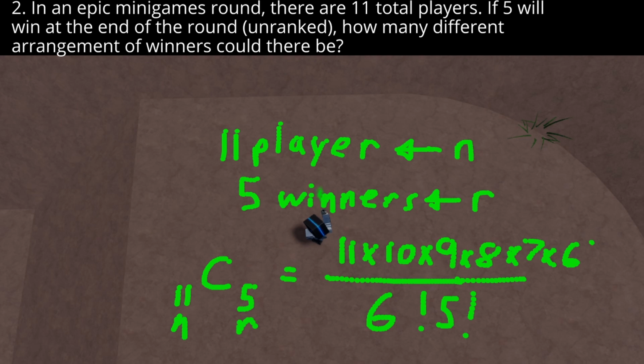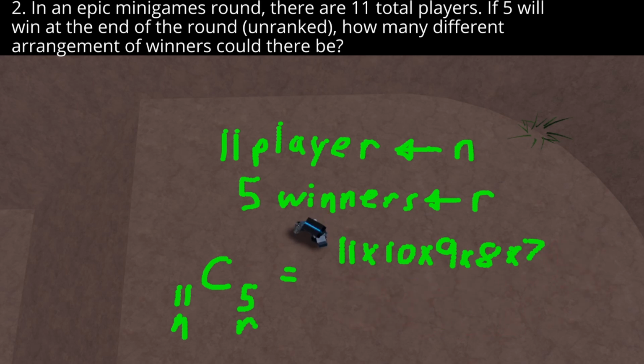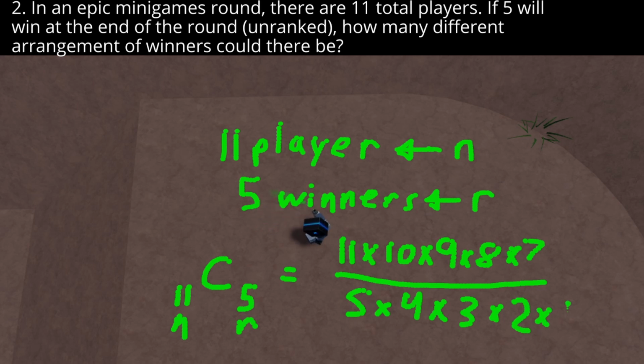Therefore, you have 6 factorial here, and you can just cancel this 6 factorial and that 6 factorial over there. So now let me just rewrite this. So now we have 11 times 10 times 9 times 8 times 7 divided by 5 factorial. And I can just rewrite that as 5 times 4 times 3 times 2 times 1.